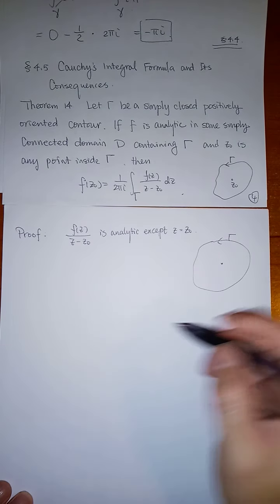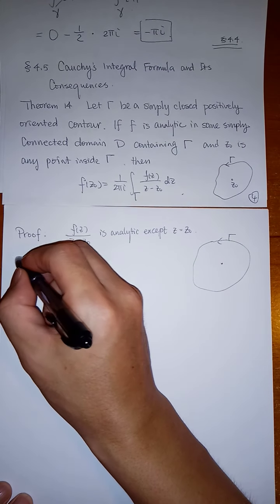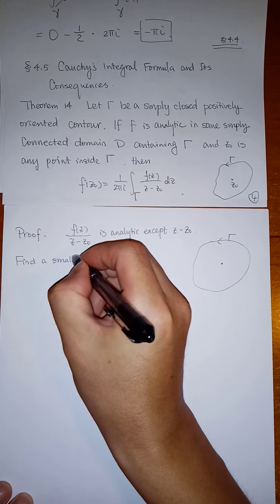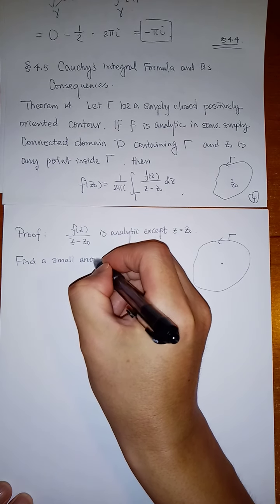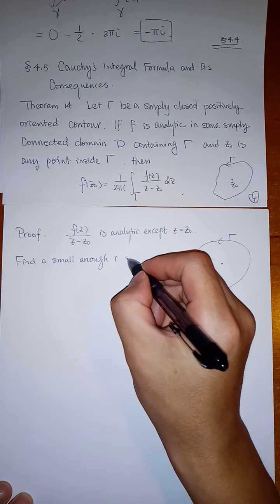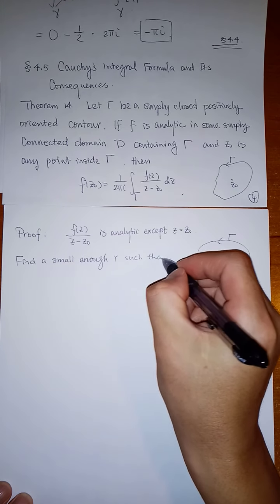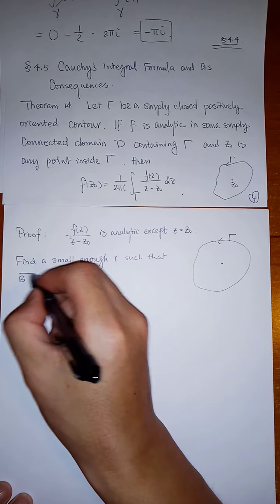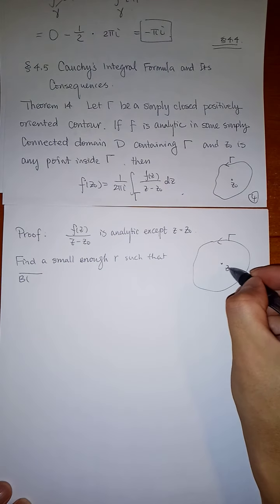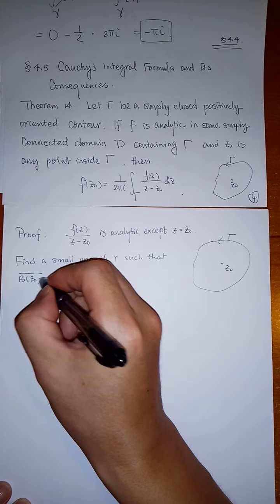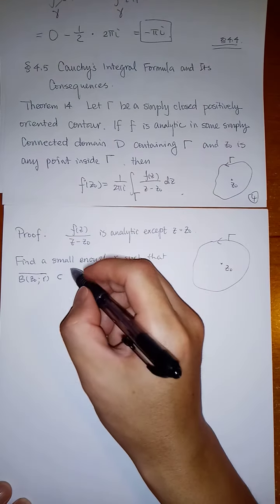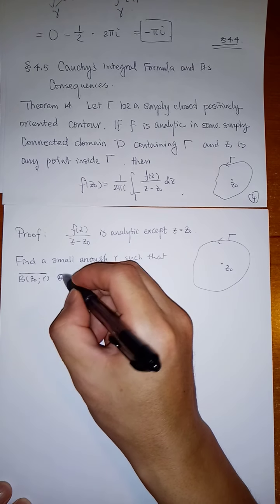Then what we can do, we can find a small enough r such that the whole closed disk centered at z0 with radius r is totally inside the interior part of gamma.